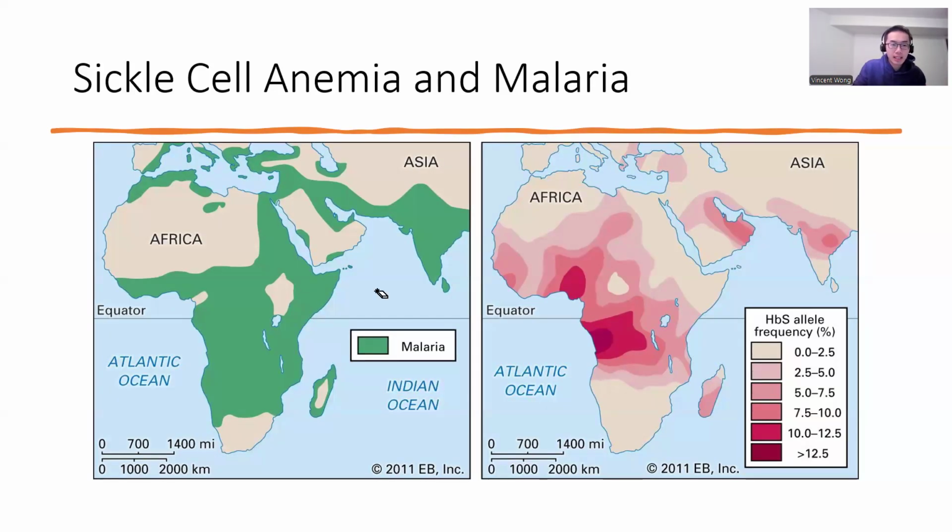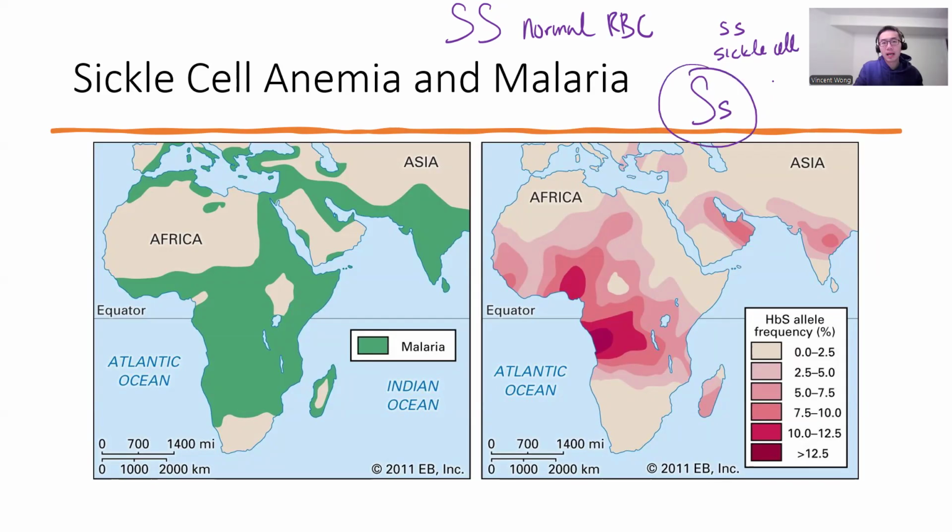So this is a heat map that shows you places where malaria is very common. And here is a heat map that shows you people with the big S, small s genotype. Okay. So let's take a look at what this means. If you are big S, then you have normal RBC. If you have little s, then you have sickle cell anemia. But if you're big S, small s, then you are kind of in between.